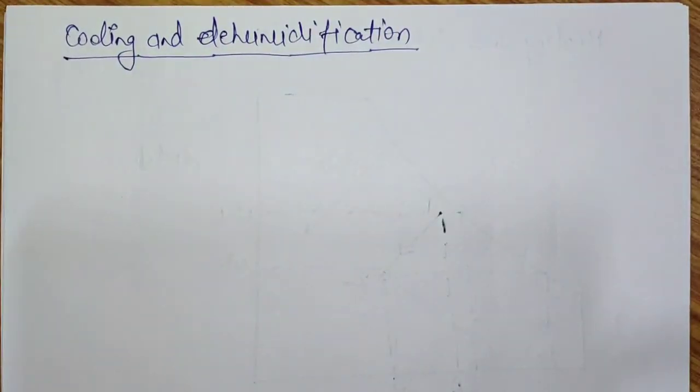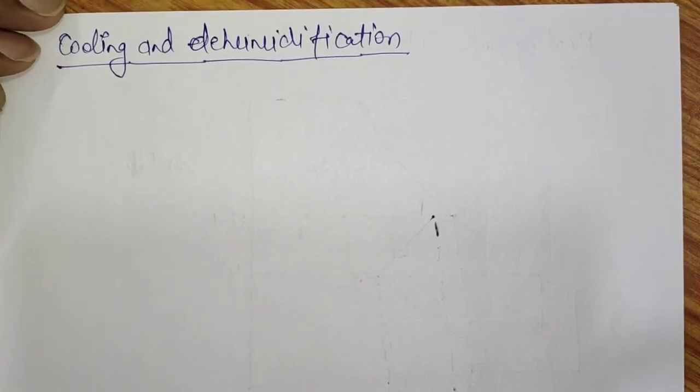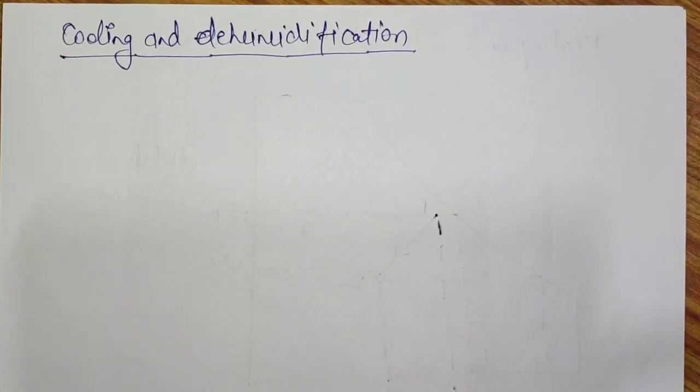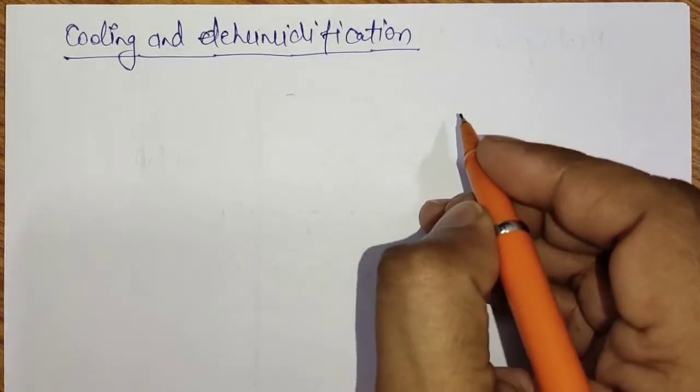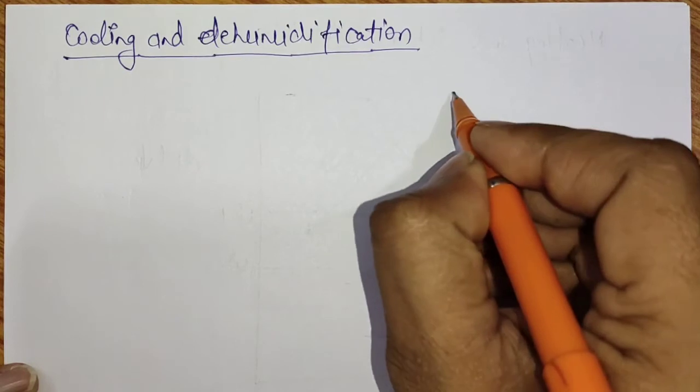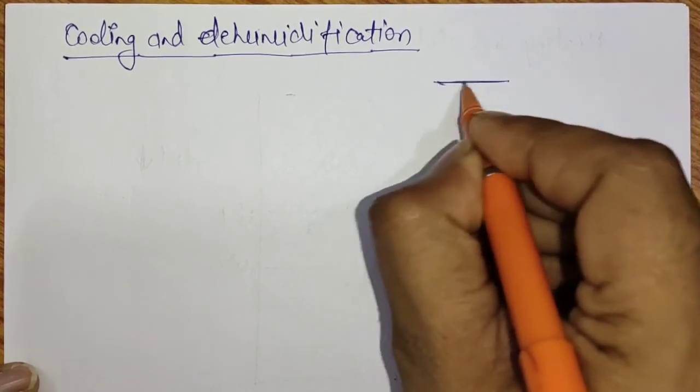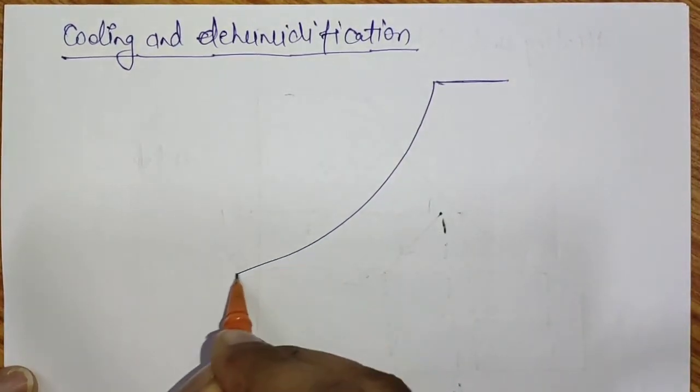This process is very important from the point of view of summer air conditioning, because all the summer air conditioners perform the cooling and dehumidification process on the moist air. Let's see what happens in the process on the psychrometric chart.